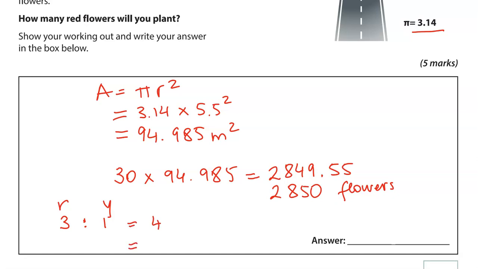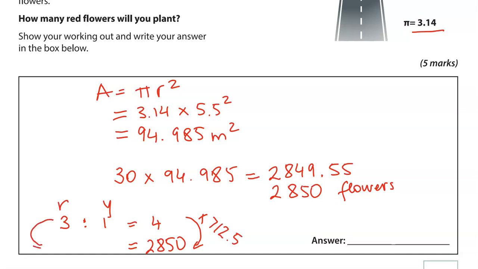If we want to plant 2,850, okay, so what have we done to 4 to get to 2,850? What have we multiplied by? And we can reverse that by doing 2,850 divided by 4, which is 712.5.